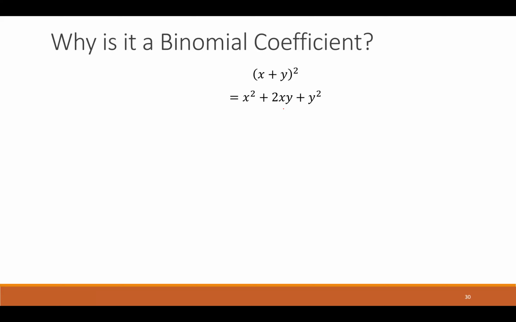It's just a constant in front of the variables. If I expand x plus y cubed, I get x cubed plus 3x squared y plus 3xy squared plus y cubed. Again, y cubed and x cubed have 1 as coefficients, and 3x squared y and 3xy squared both have 3 as coefficients.